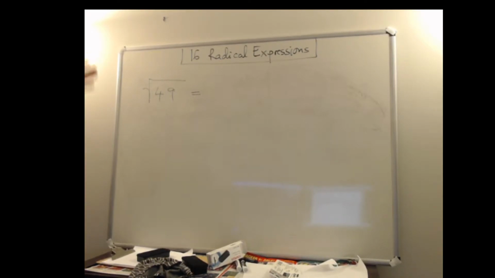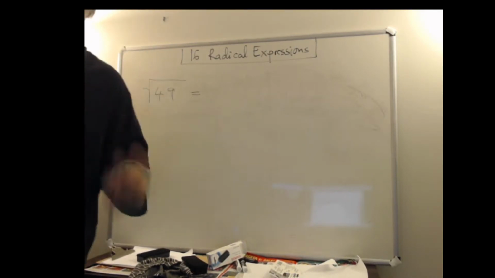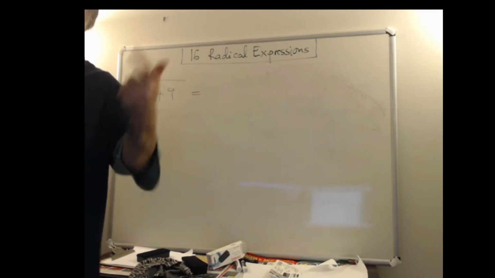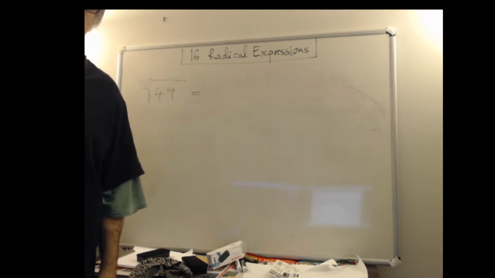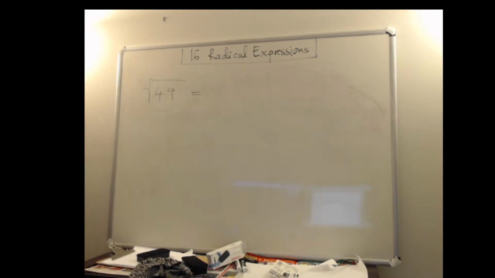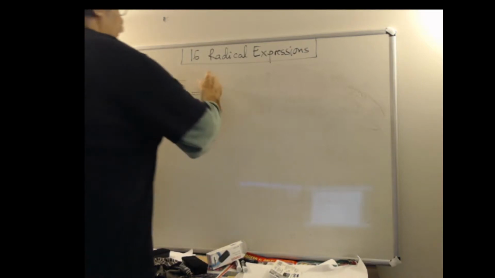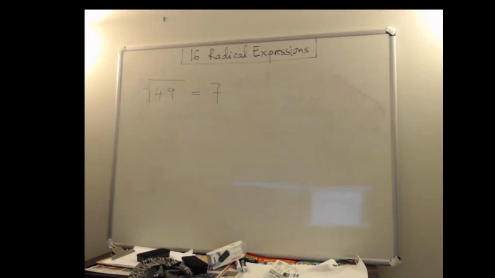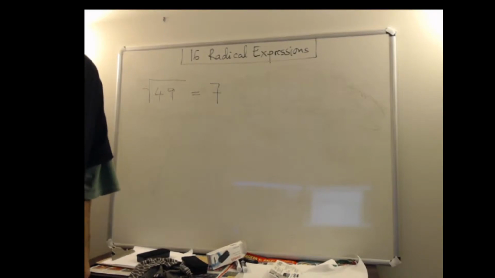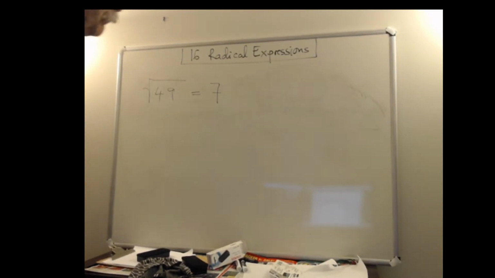This is a square root. I'm looking for a number whose square will be 49. You have 2 choices, either 7 or negative 7. Since we said if the index is even, the result must be positive. So the result is 7. Okay? I'll give you another one.